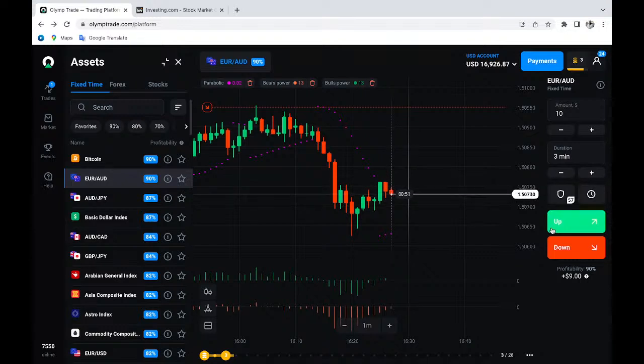So there's a comment here: RBI not allowed trading Olymp Trade. Actually, if you check on Google, you will see that RBI doesn't allow investing in Bitcoin directly.